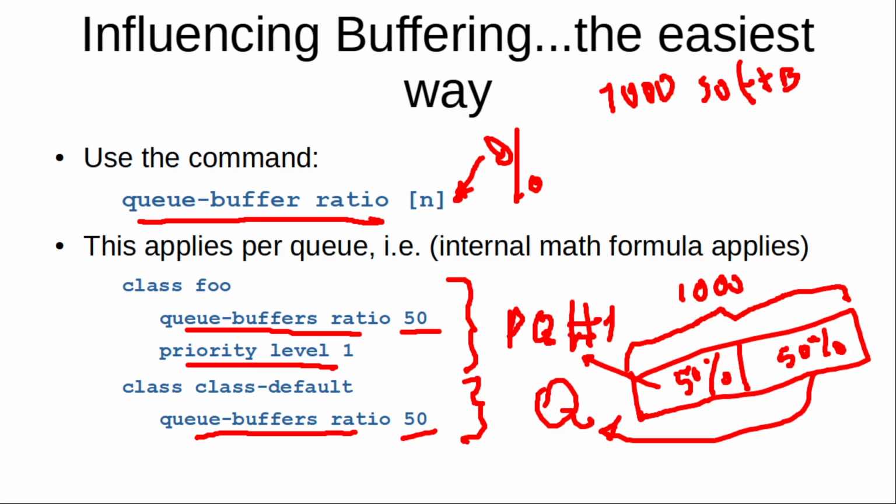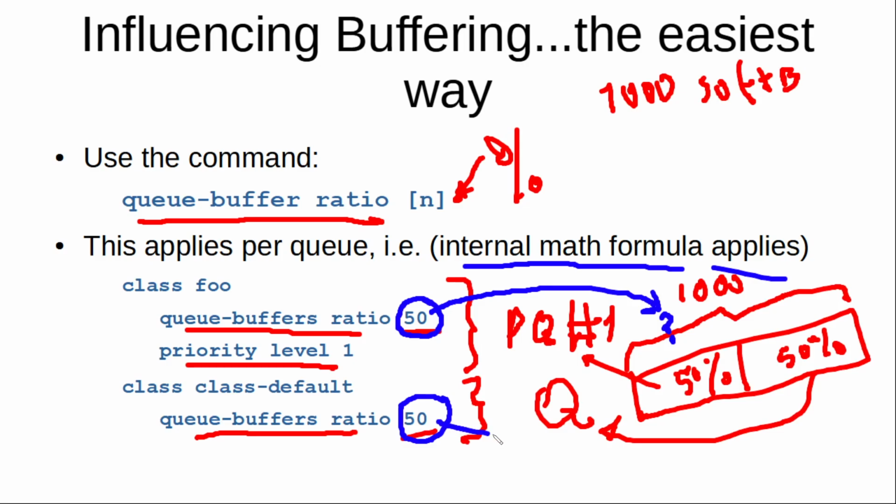There is actually an internal set of math formulas that will apply to this number, and then after calculating these formulas, the operating system will be able to calculate how many buffers it will assign to the priority queue number 1, and how many buffers it will assign to the queue that belongs to the class default.